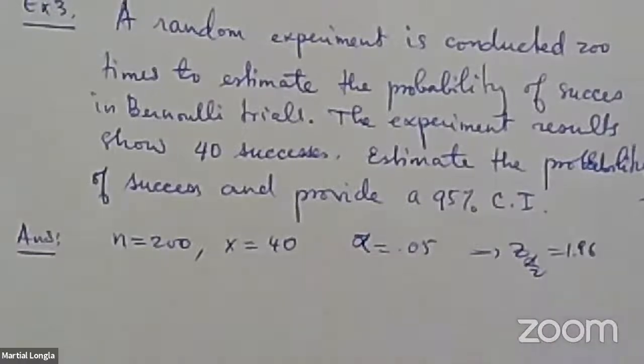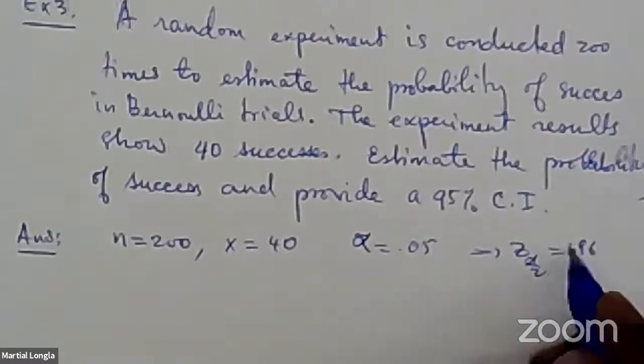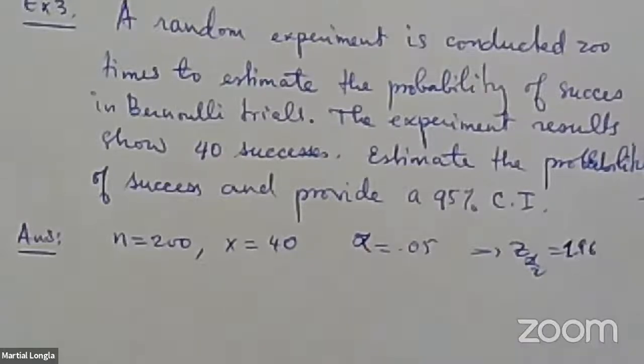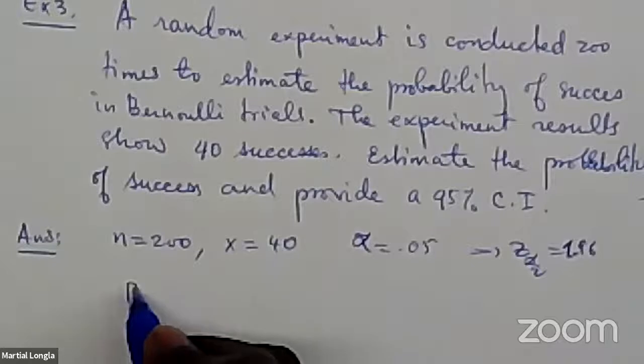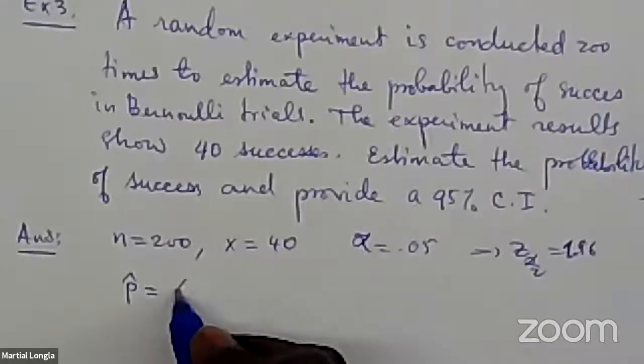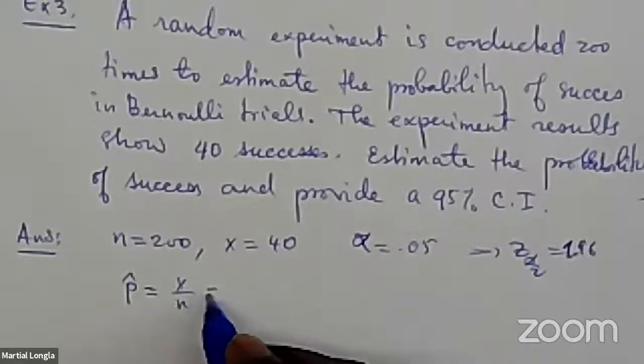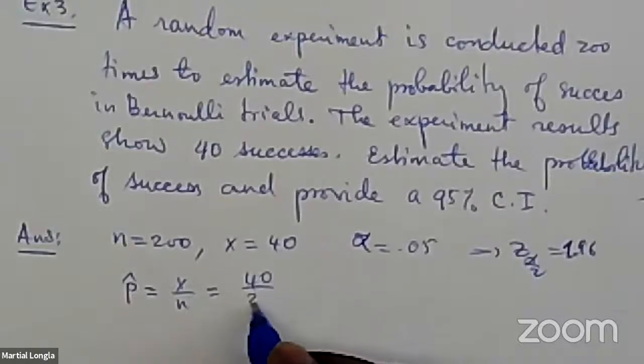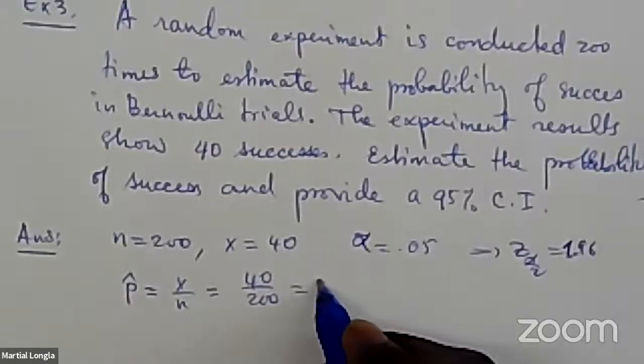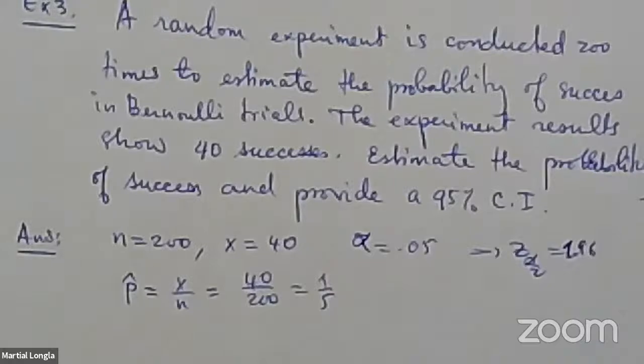You can find any other one that is requested using the z table. And so here, p hat is x over n, which is 40 over 200. That's 1/5. So your estimate of the probability of success is 1/5.